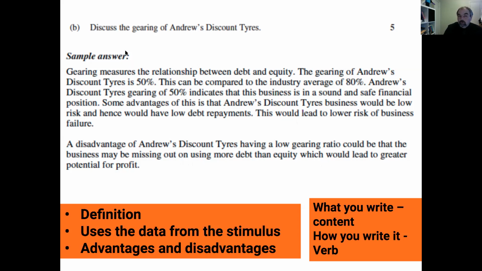So do you need to do both advantages and disadvantages? No, but it shows it as a better answer, doesn't it? Because pretty cluey concept here that low levels of gearing, although safe and less risk, could mean that the business could potentially make more profit by borrowing more money and investing that in the business. So another good answer there.